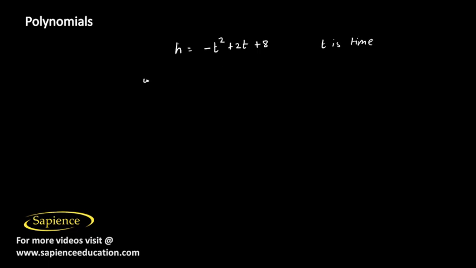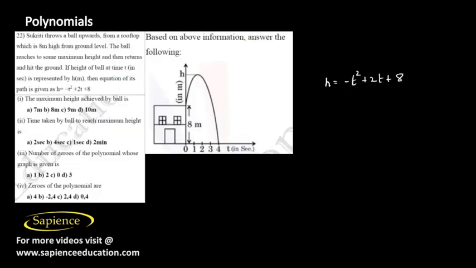So we can say h of t as this, and when t is equal to 0, we will get height as 0 plus 0 plus 8. So height will be 8 and it is given in meters.